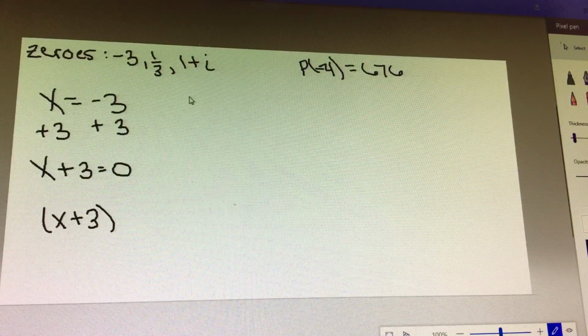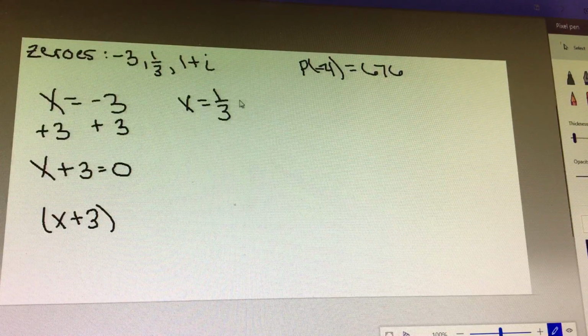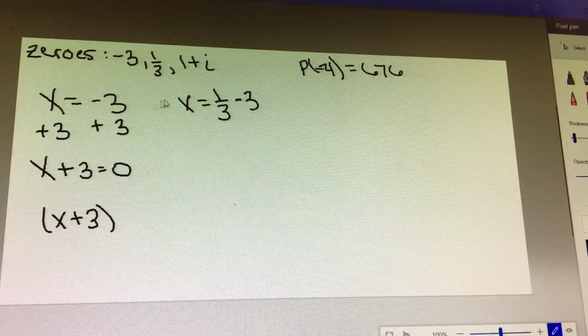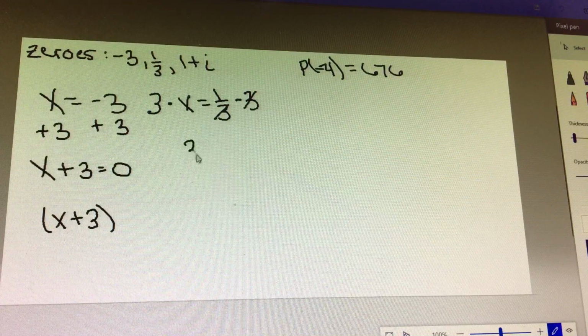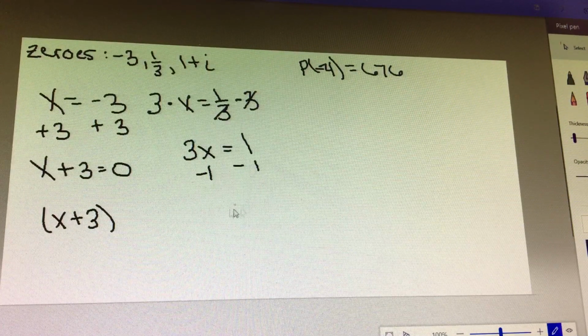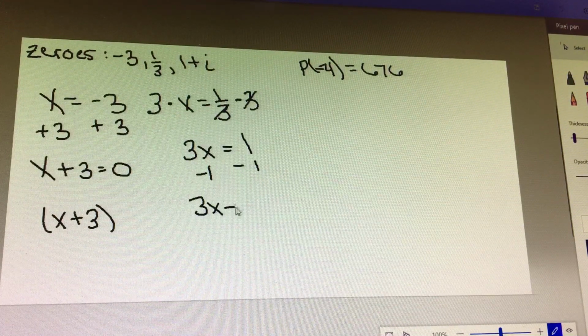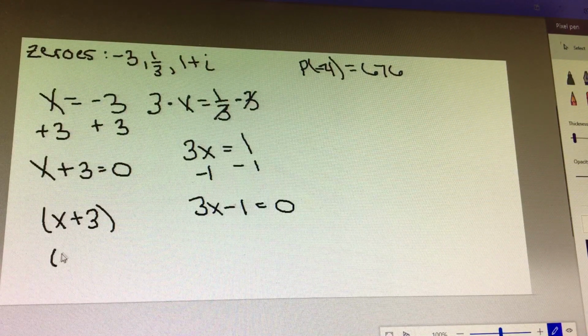Our second factor, we have x equals 1/3. To get that into factored form, we multiply both sides by 3. Those 3's would cancel. We'd bring down 3x equals 1, and then subtract a 1, which gives us 3x minus 1 equals 0. So that's our second factor.